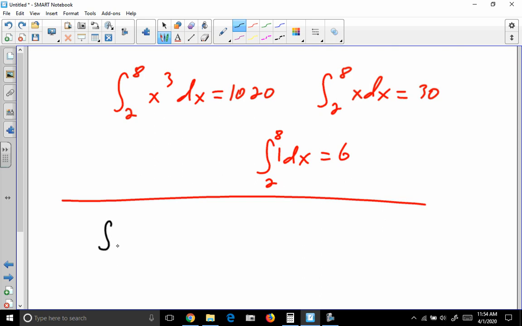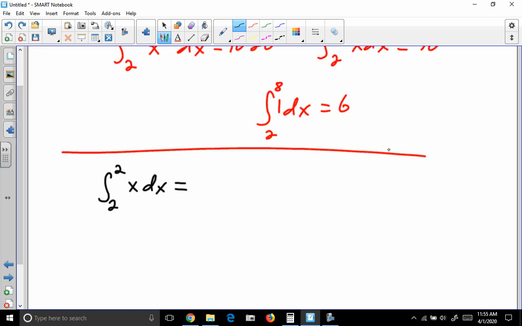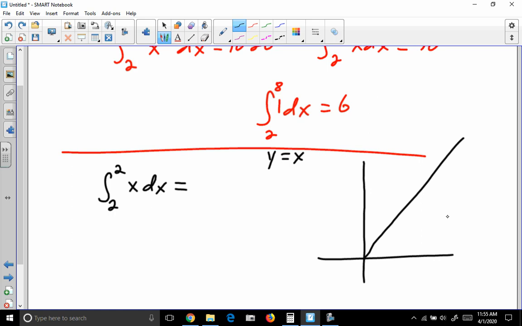So one question says, if we change the limits and go from 2 to 2, what will the value of that sum be? So if we look at our graph, our function is y equals x, which is a straight line. If our interval starts at 2 and ends at 2, that means our interval has no width.